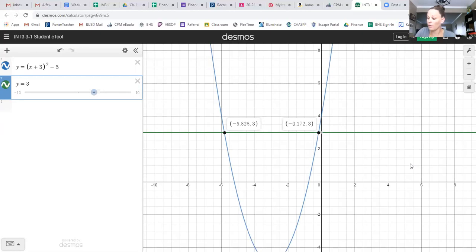And then label those points of intersection though. I'll show you my graph in just a second. Negative 5.83, 3, and that point is negative 0.17, 3.